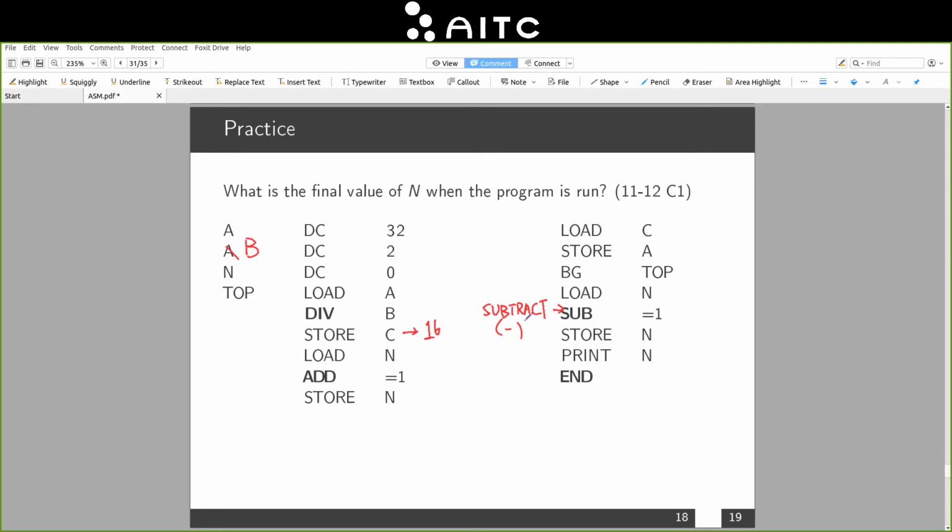Sorry, when B becomes the number of the divide, and B is ACC or LC?